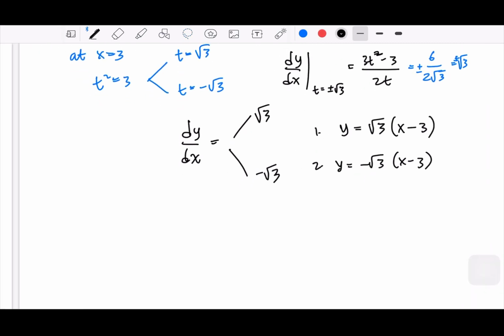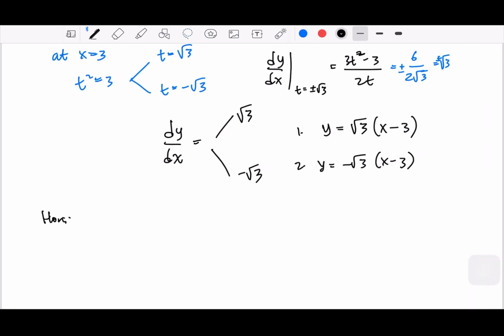Okay, just a quick review. Horizontal tangent. This is when the slope is 0, which means if we are converting it to parametric, this is 0, this is not 0.